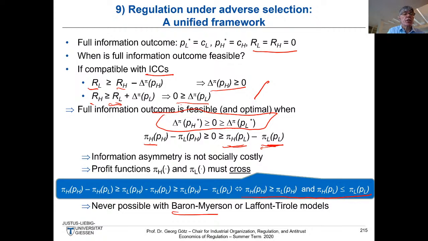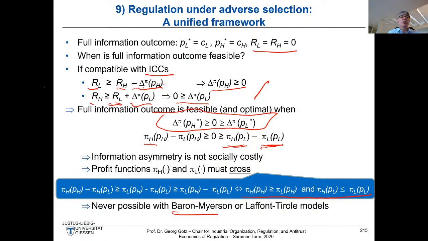If we don't set it equal to 0, but set RH equal to 0, we get RL is greater than minus delta pi PL, and it's smaller than minus delta pi pH.